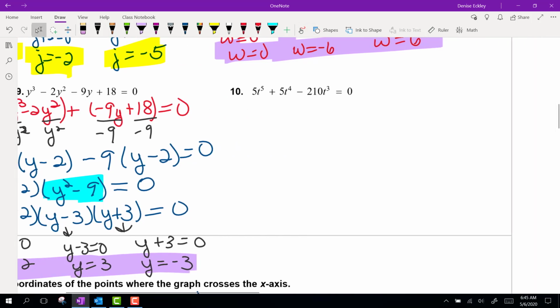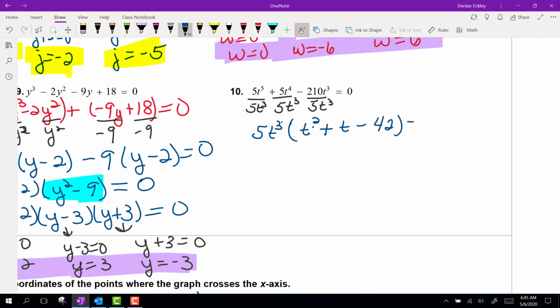Okay, last one. I'm going to divide everything by my GCF, which is 5t to the third. I know 210 is divisible by 5 because it ends in a 0. So when I do that, I have my 5t to the third in front, and then I have t squared plus t minus 42.